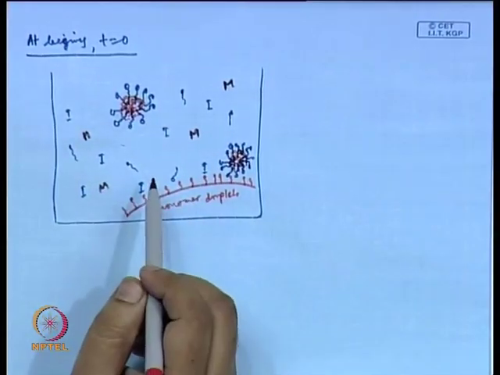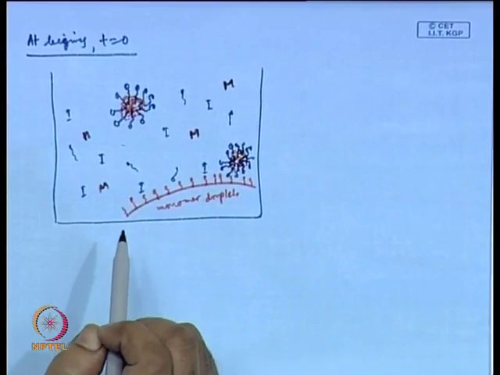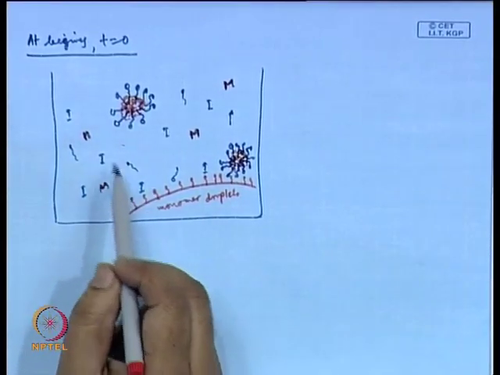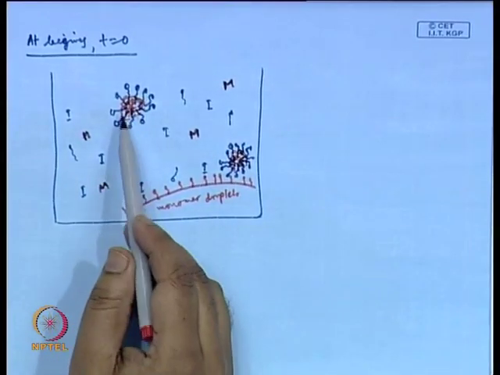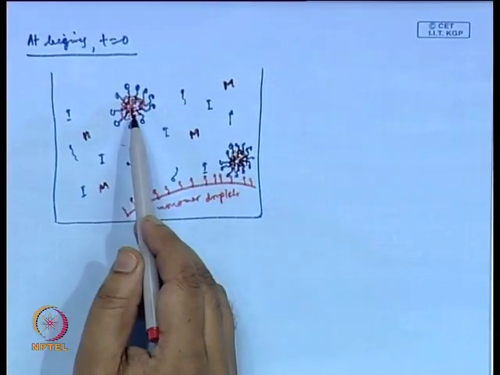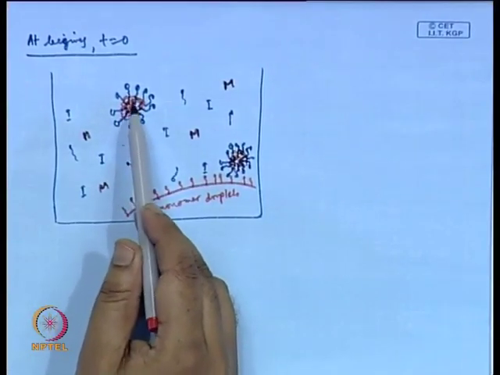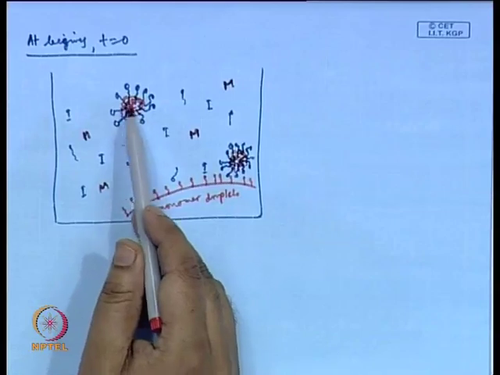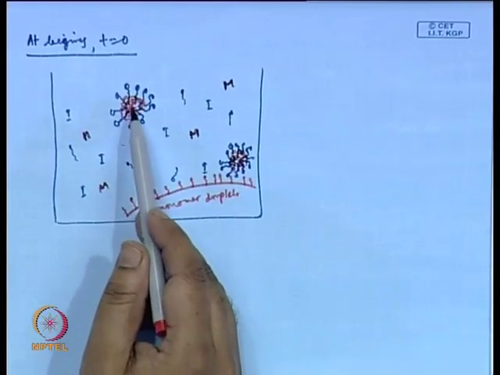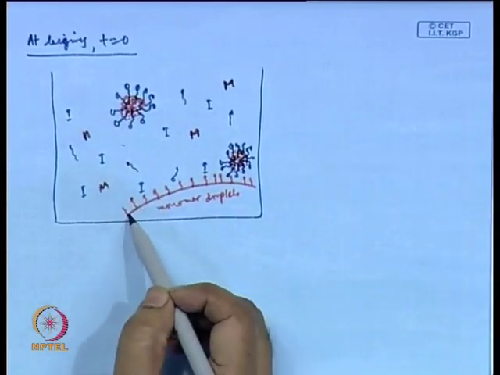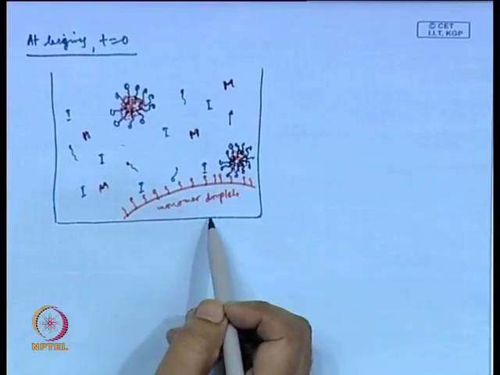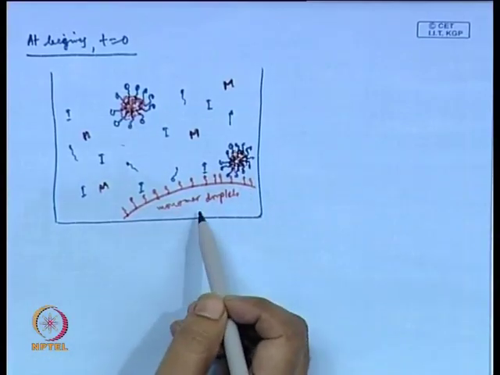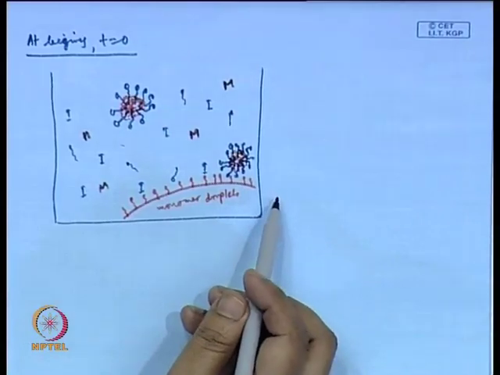Now, when you add monomers, a very small fraction of monomer would be soluble in the aqueous medium. There will be a small fraction of the monomer inside the micellar core as solubilized, and a large fraction, actually greater than 95% of the monomers, will be present as large droplets.